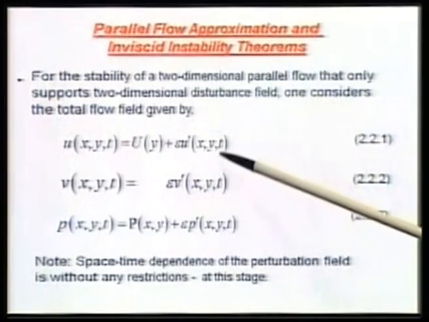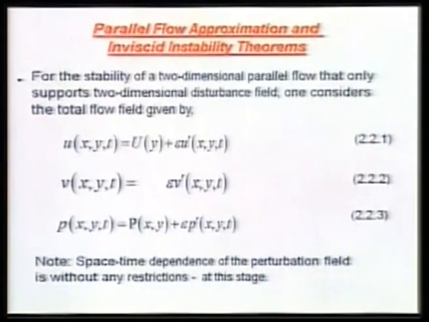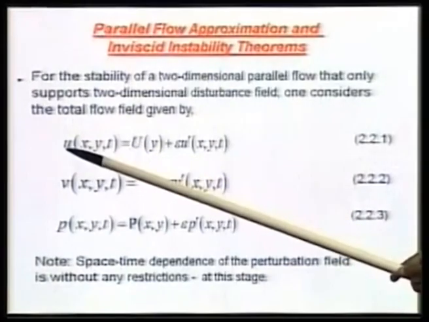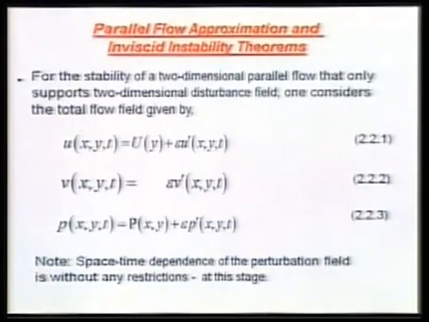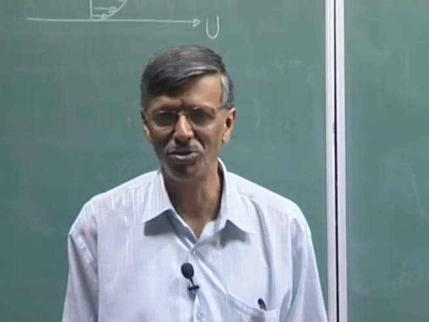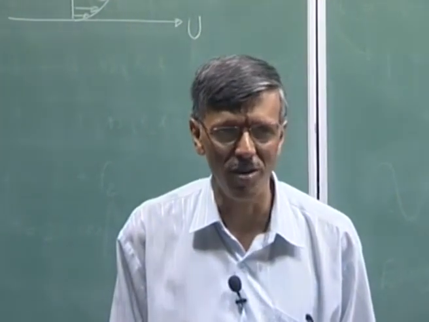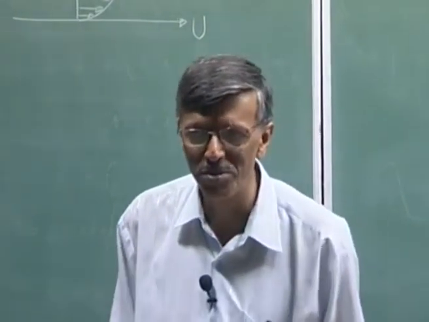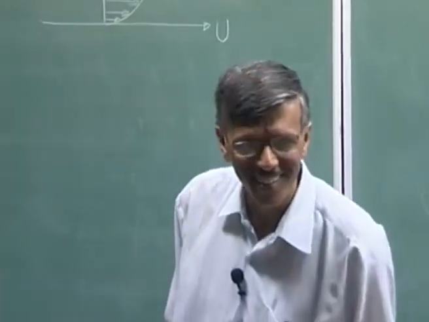Please pay attention to the flow field description. Let's say we are talking about a two-dimensional flow. So we will have only two components of velocity, u and v, and there is the associated pressure field. We are talking about this two-dimensional field, and please also understand, whenever you study disturbance, you study it in its most general form. So we don't presume it to be steady or unsteady, right?